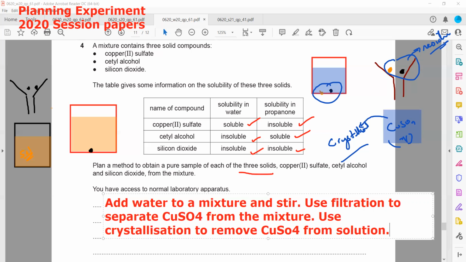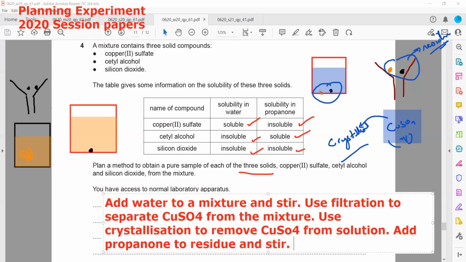And after that, we will add propanol to the residue what was left in the beginning. We'll add propanol to the residue, and again we will mix or stir.